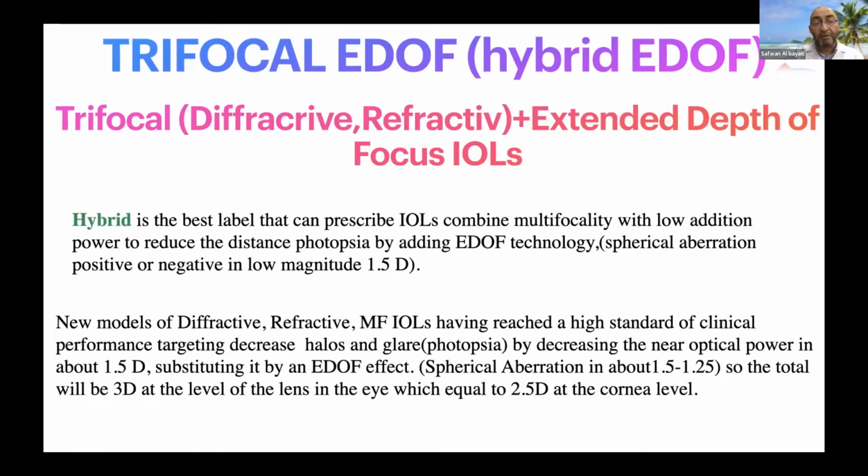The hybrid EDOF, that's what we are saying, is the best label that can prescribe an IOL combining multifocality with a low addition power to reduce distance photopsia, by adding EDOF technology, which doesn't have photopsia, spherical aberration, positive or negative, in a low magnitude of 1.5, and reducing the power of the refractive or diffractive, or both, multifocality. So as a simple example, we have 1.5 from spherical aberration, whether negative or positive, adding to it 1.5 from a refractive or diffractive.